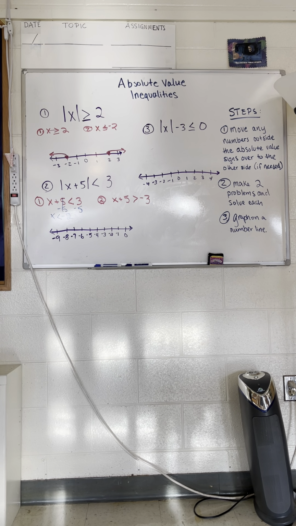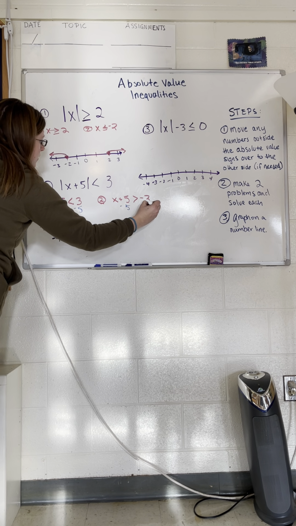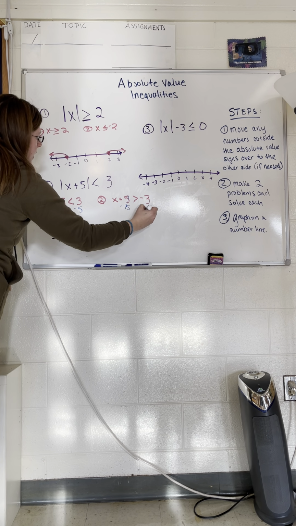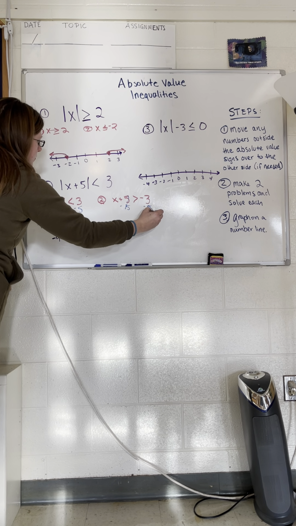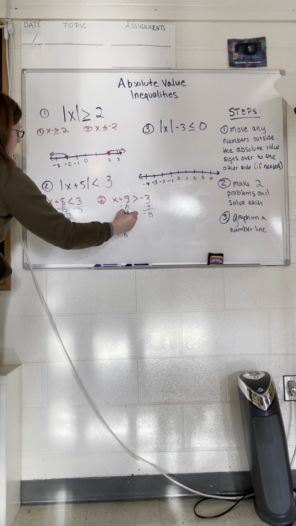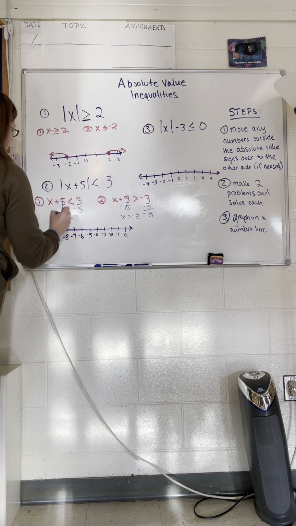There we go. And on this side, we have x plus 5 is greater than negative 3. Again, we're going to subtract 5 from both sides. That cancels. And then negative 3 minus 5 ends up being negative 8. So it is x is greater than negative 8, okay?